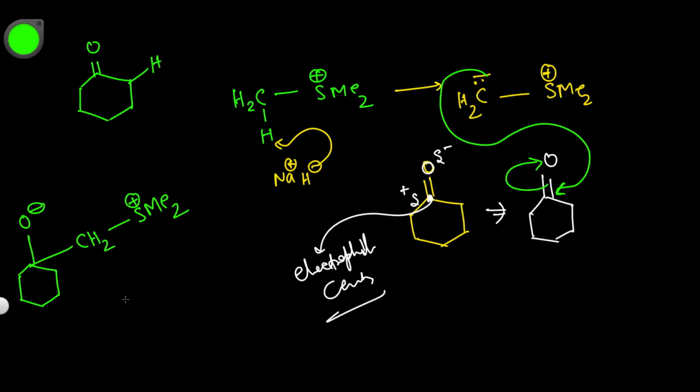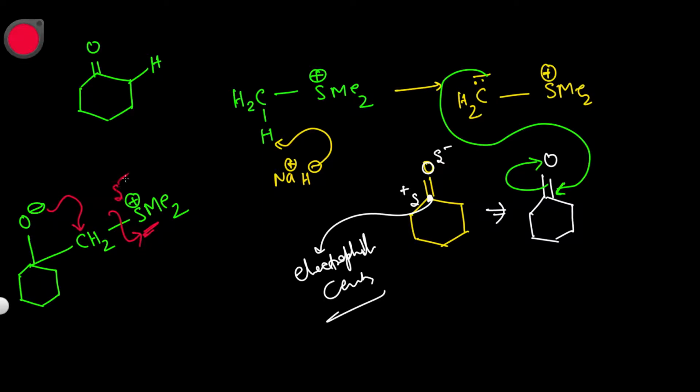Now what happened? Because sulfur has a positive charge here, we want to neutralize it, so we have to make this a leaving group. How can it leave? Simply, this O minus will attack this carbon and the group will leave.